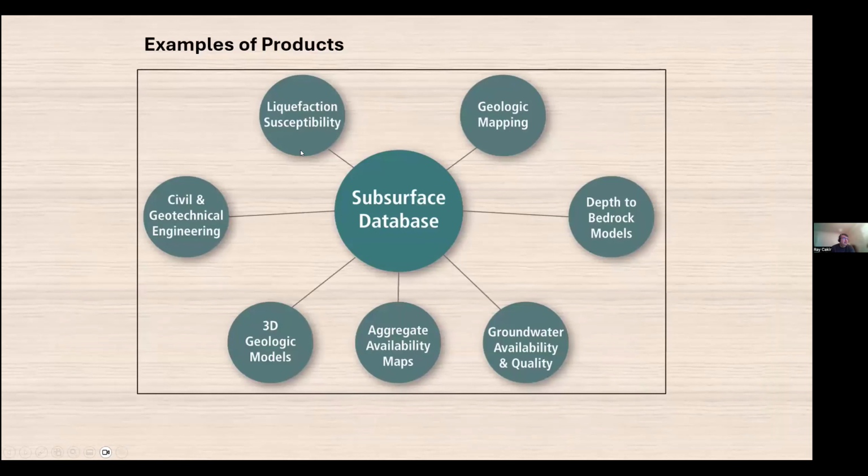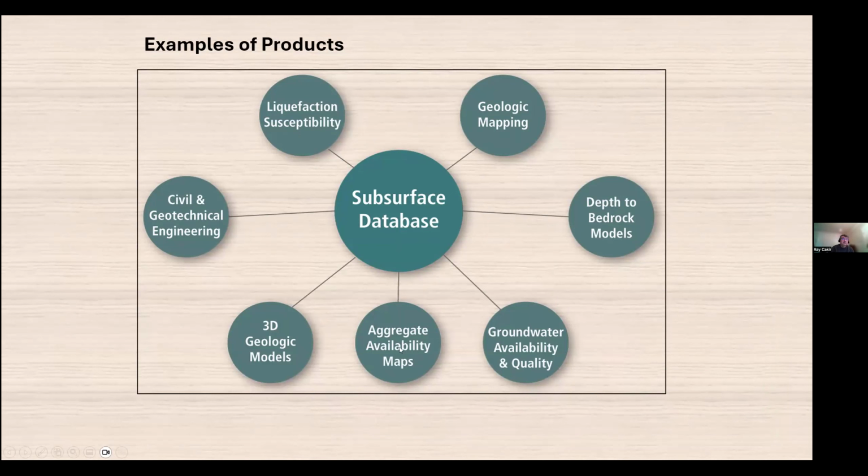And here are some other types of subsurface database uses. The derivative maps we can get include liquefaction susceptibility, one of them, and geologic mapping, another, and cross sections in urban areas, and we do have quite a bit of data now. Then depth to bedrock models, as I said, and 3D geology models.